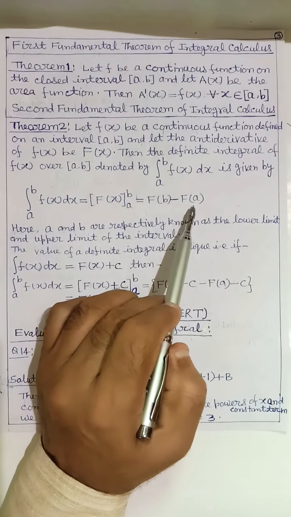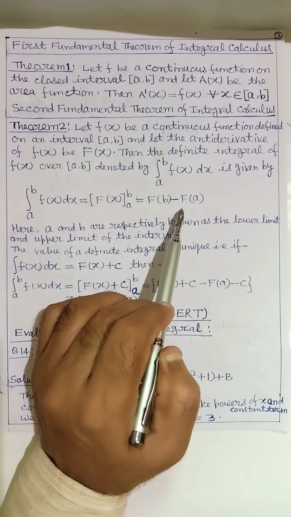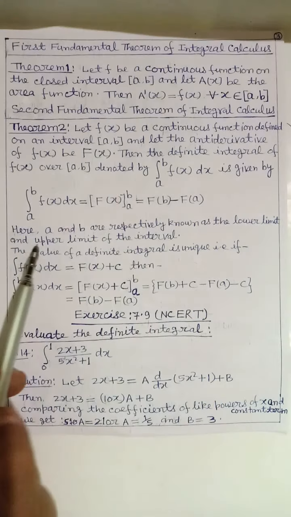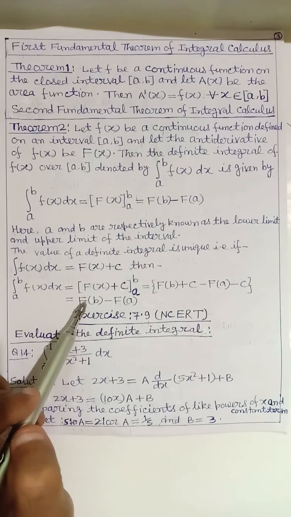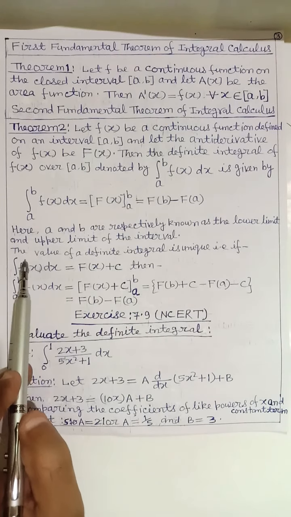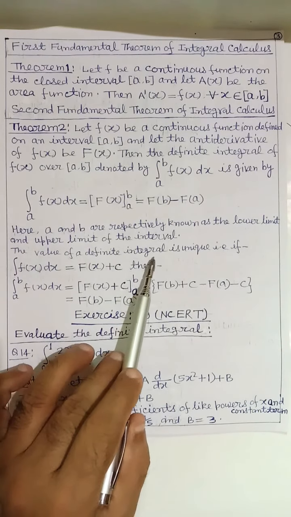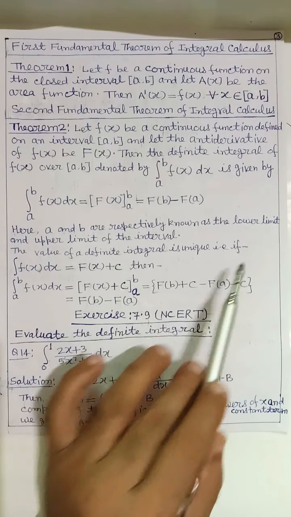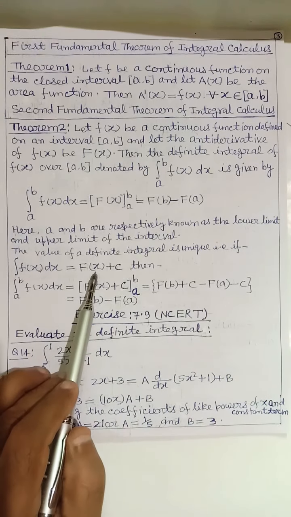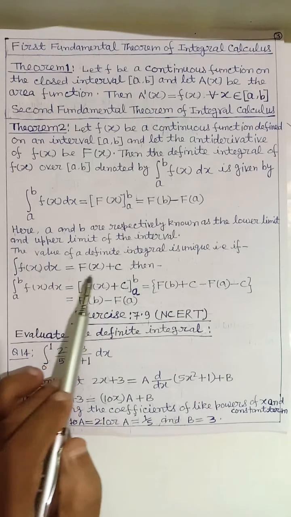In the definite integral, the constant of integration is not mentioned. Why? Because the value of a definite integral is unique. That is, if integral of f(x) dx is equal to F(x) plus c, already we know.